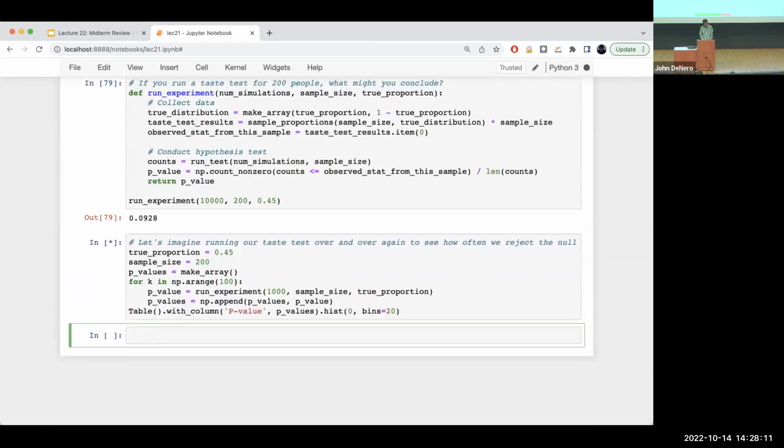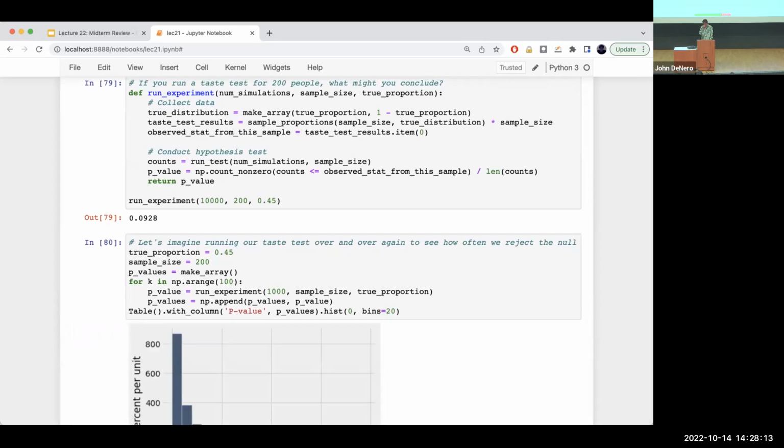So let's see if we tried running this scenario over and over again, where each time we ask 200 people from a population that is biased, 45-55. We ask 200 people from there who were sampled at random, do you like this stuff? And then, based on that sample, we tried to figure out whether we could tell that the null hypothesis is false, the alternative is true.